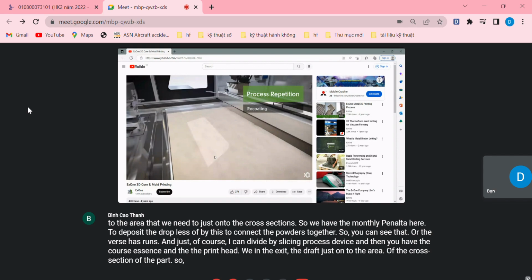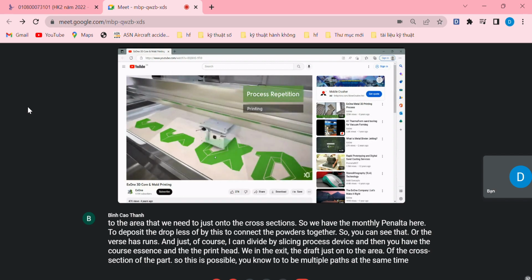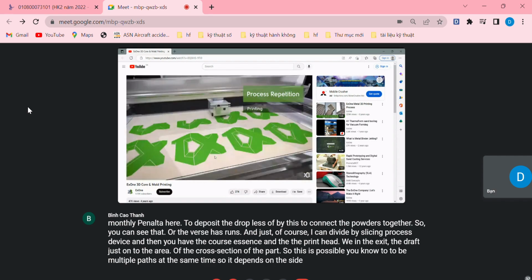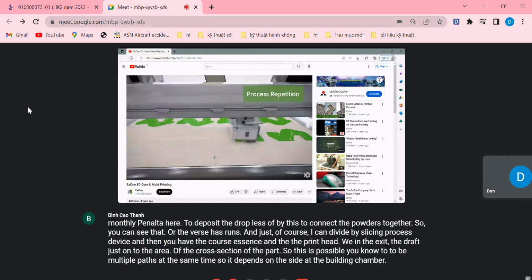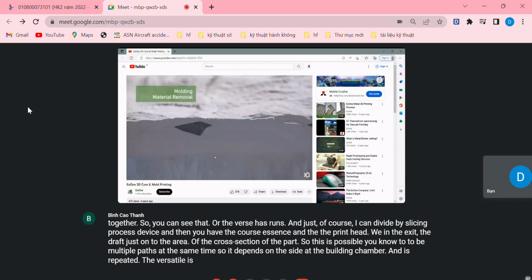So it is possible to build multiple parts at the same time, depending on the size of the building chamber, and the process is repeated until we build up the 3D part.